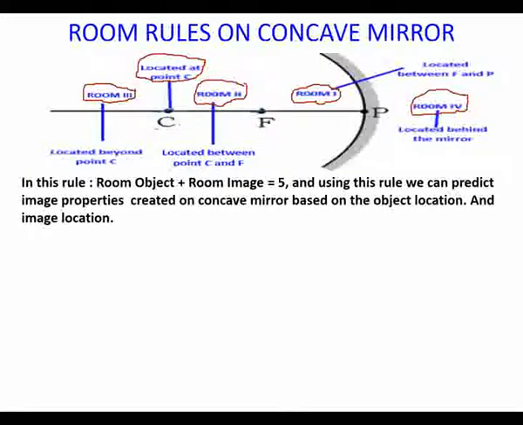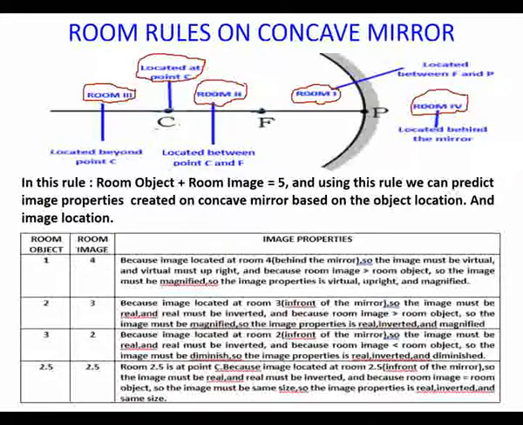In this rule, room of object plus room of image equals 5. By using this rule, we can predict image properties created on the concave mirror based on the object location and image location. As you can see from the table below, if the object is located at room 1, the image will be located at room 4.